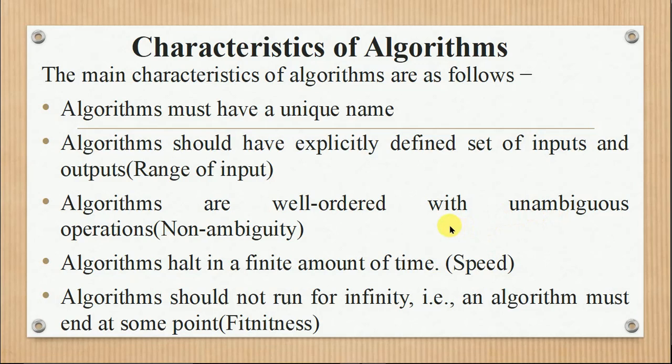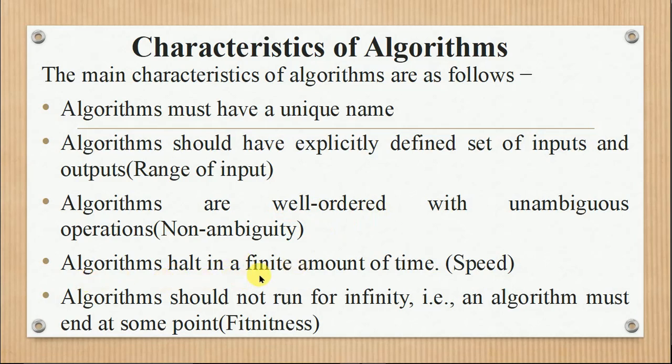What is the meaning of step 1 and what is the meaning of step 2 should be unambiguous. Ambiguity is nothing but confusion between the steps. So it should be well ordered, from the first step to the second step, from the start until the termination.